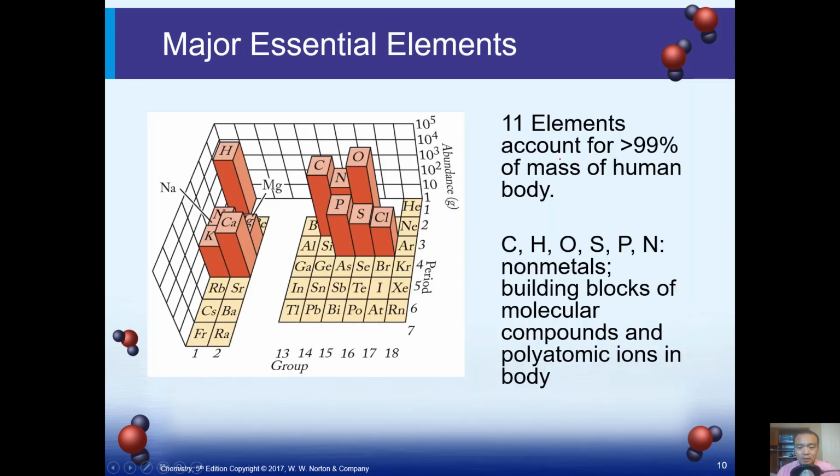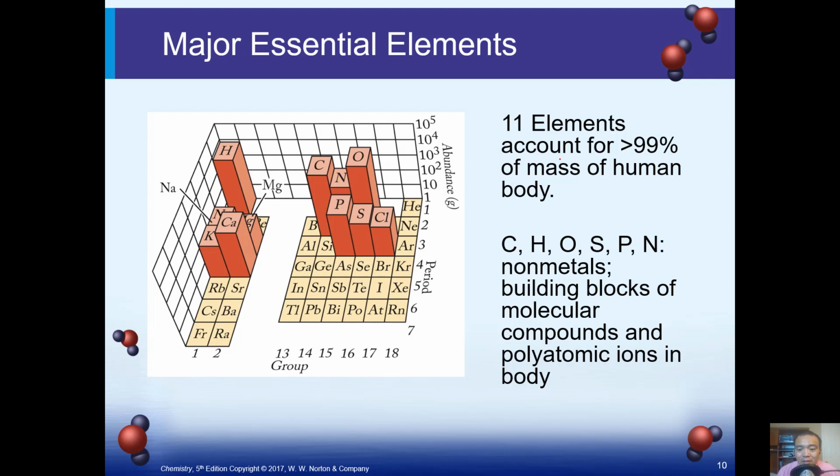In this figure, we have noted the relative abundance of carbon, hydrogen, and oxygen. These three elements constitute 98% of the body. The top 11 major essential elements account for more than 99% of the body mass of a human being.